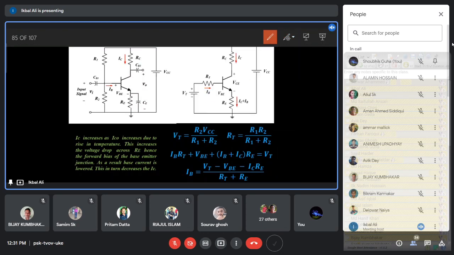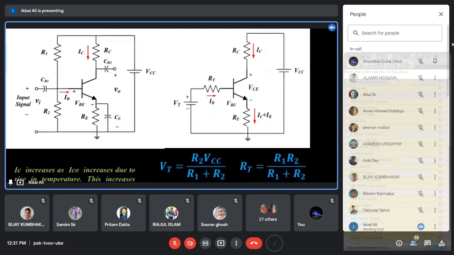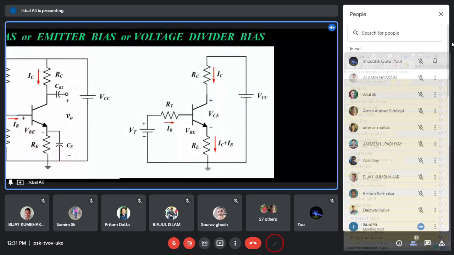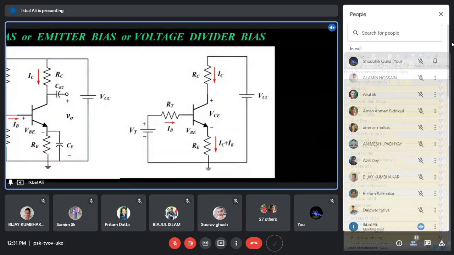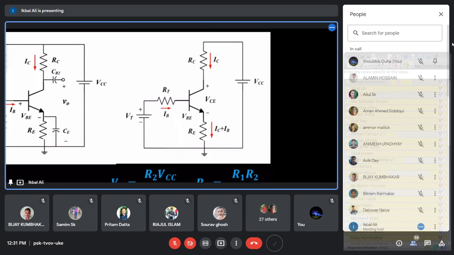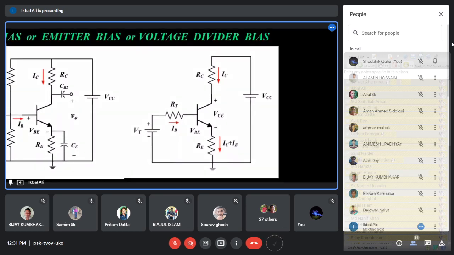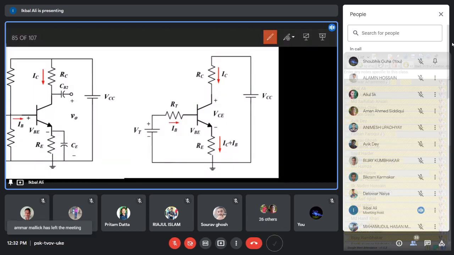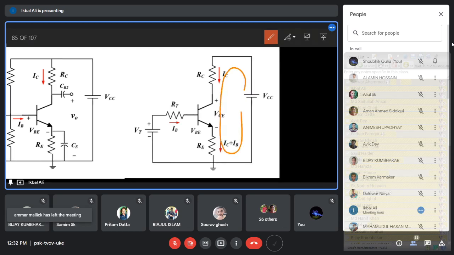Next, we will deal with the output side of this circuit. Then we will find the KVL equation for the output side of the transistor. So this is your output loop, the collector side loop of the transistor.